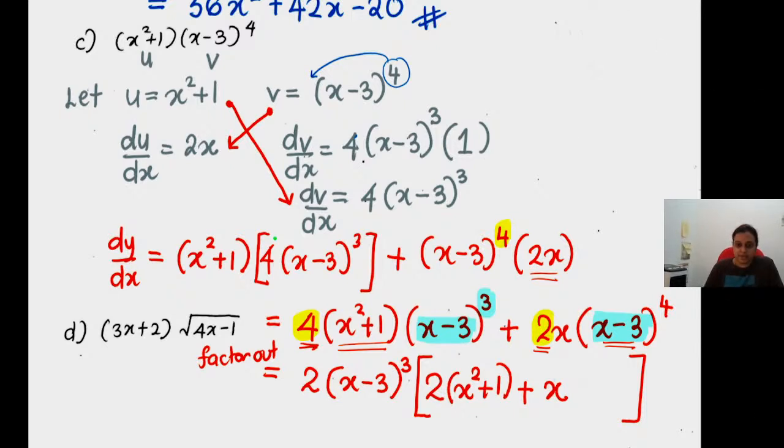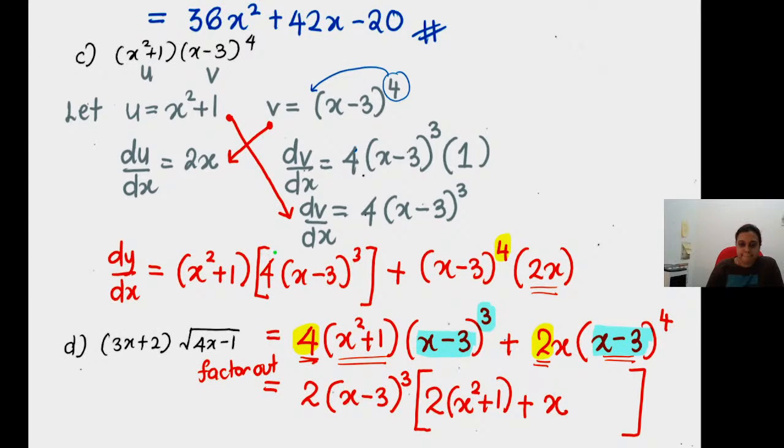Okay, no one. Since no one, what I'm going to do is, if you see here, this is (x minus 3) power 3. But here we want power 4. 3 plus what number you get 4? 3 plus 1, correct? So that means when you write inside here, it will be (x minus 3) power 1.